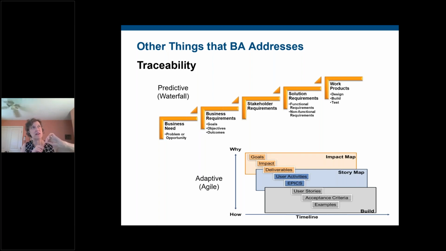So it's saying that there is a link between this feature, this function, this characteristic of the solution and the business need, why we're doing this. It's literally tracing it back to that. This is really critical. It does a number of things.